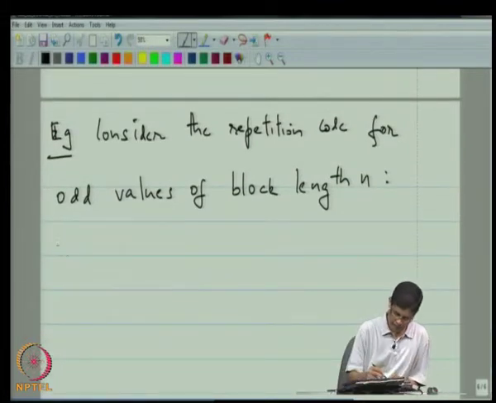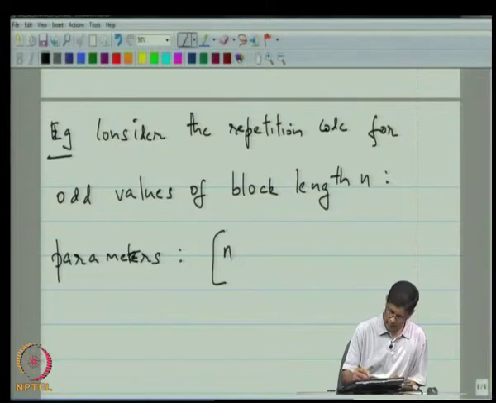Then you know that the parameters of this code are n, the dimension is 1, and the minimum distance is also n.